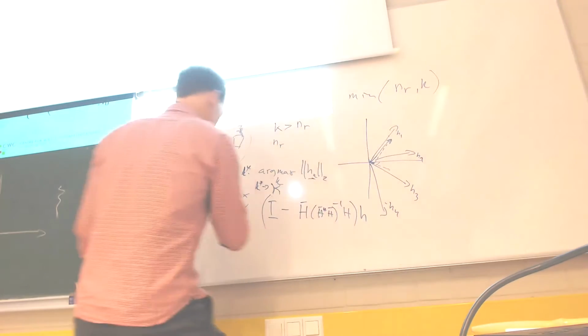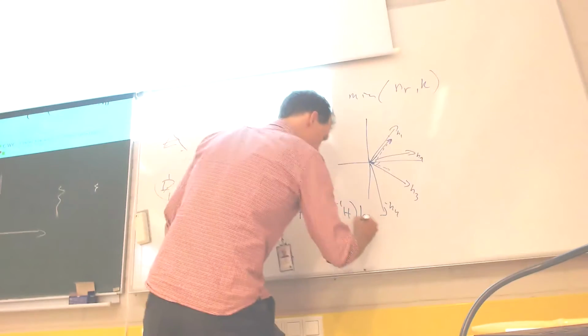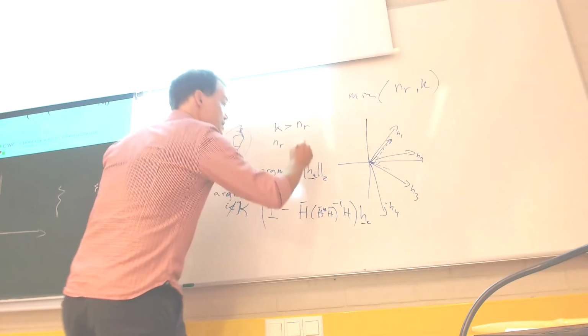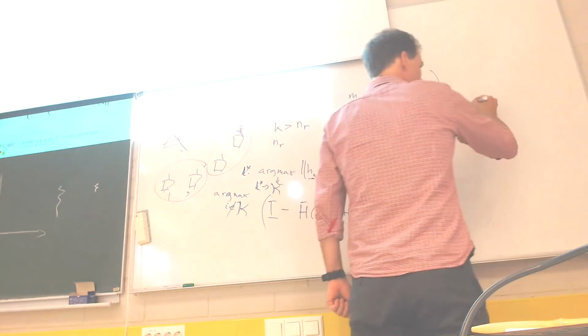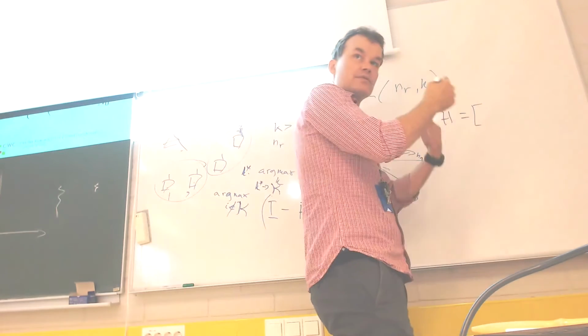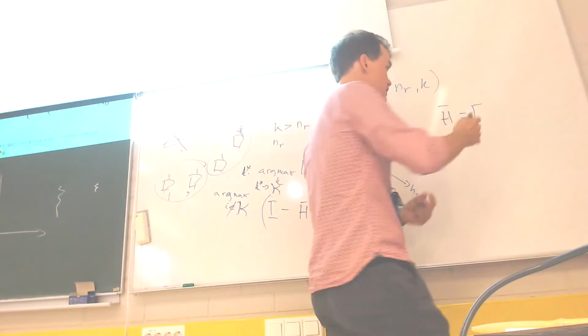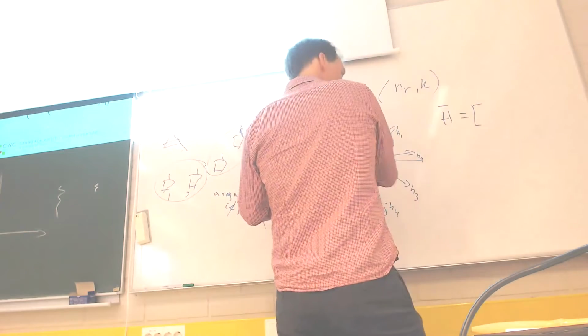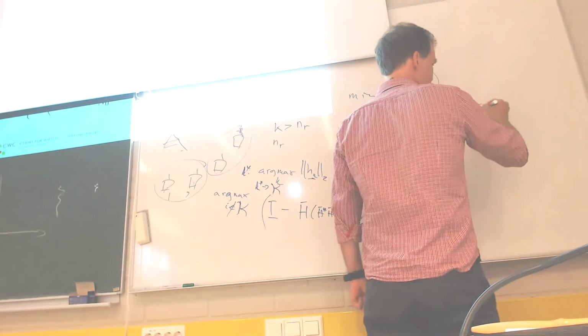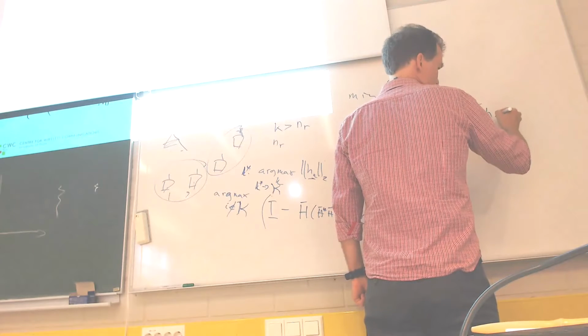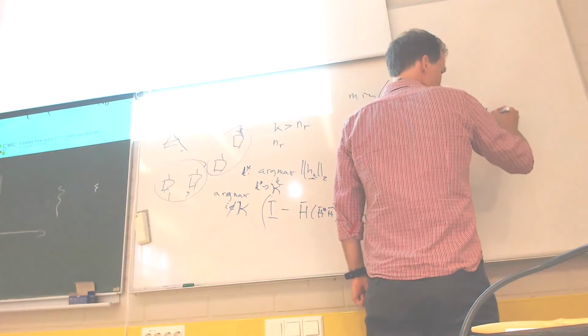Here we have the H_i. And now this H includes all the users, the user vectors that are already selected, right? H bar. It gets a bit complicated now.